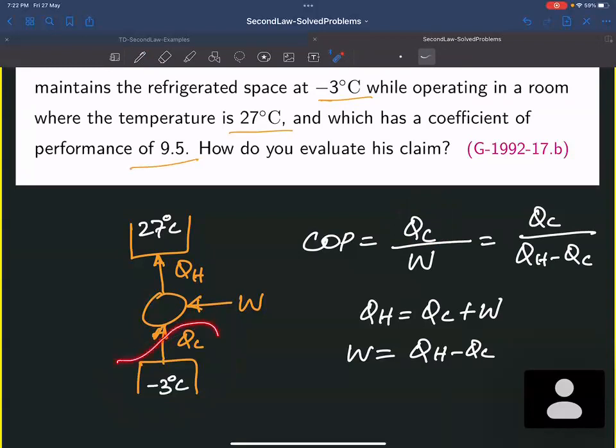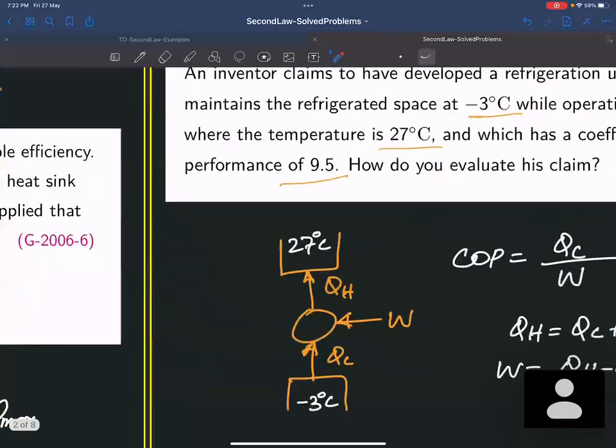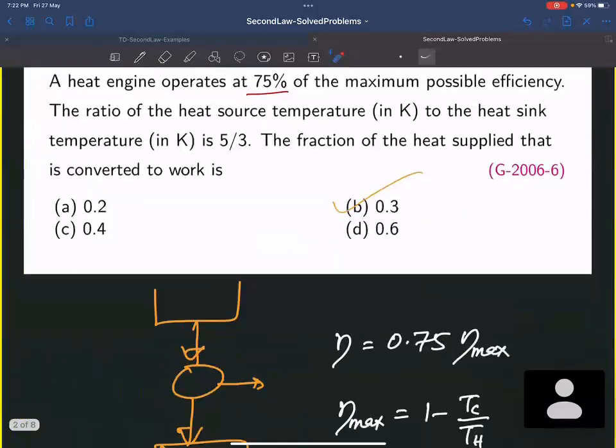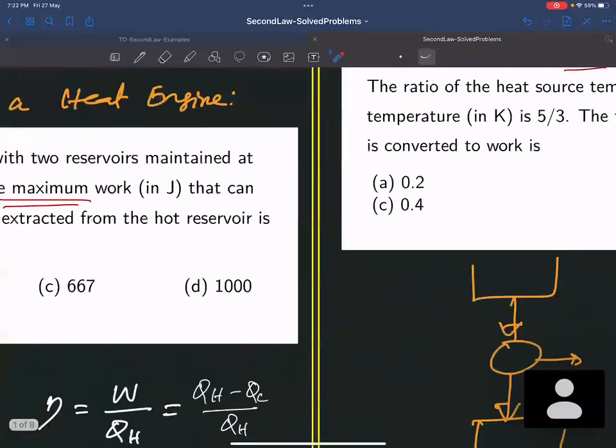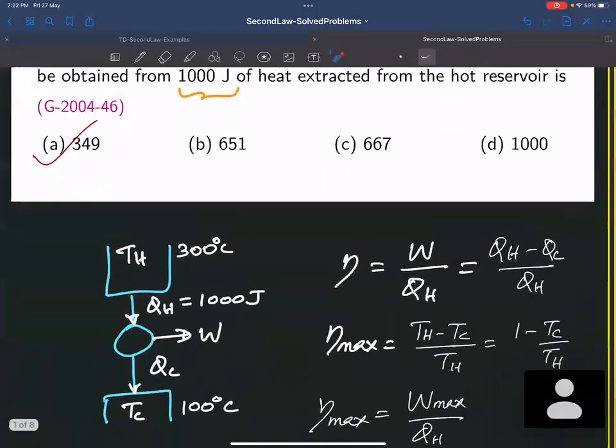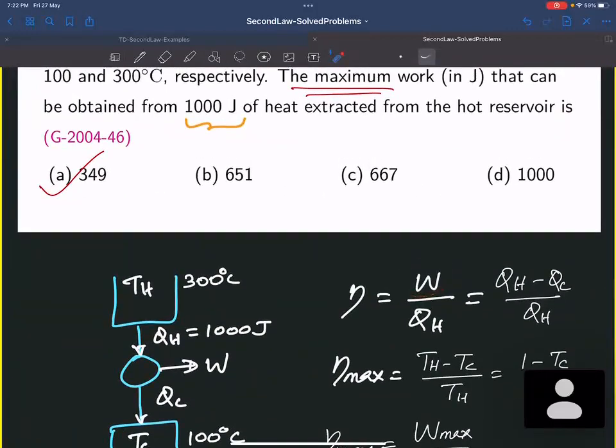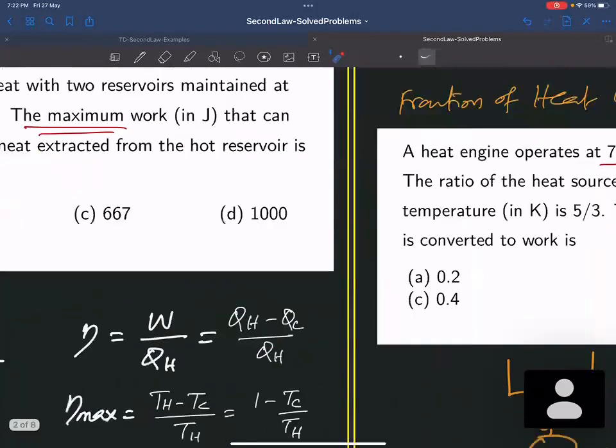We are worried only about how much cooling it is making, and the input here is the work supply. Whereas in the efficiency definition, work is the useful output, and the input is the energy of the high temperature heat source.